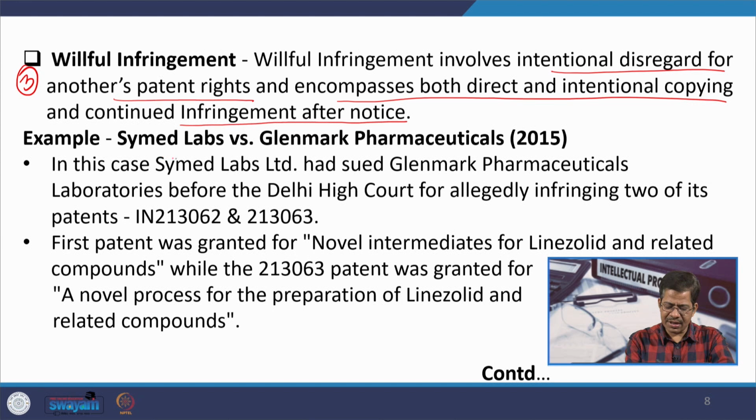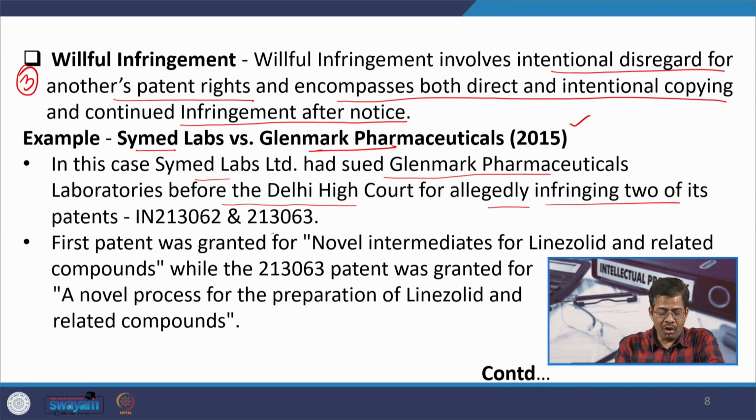So, this is a case of Glenmark, which is a very popular name, and Simon Labs of 2015. Now, in this case, Simon Lab had sued Glenmark before the Delhi High Court for allegedly infringing two of its patents. Both of them are Indian patents.